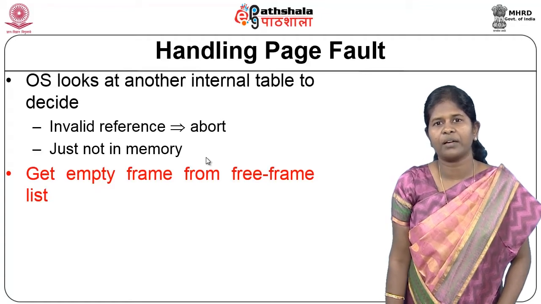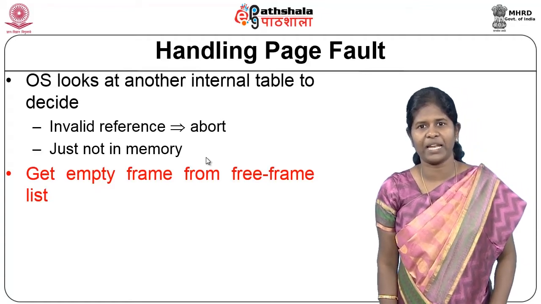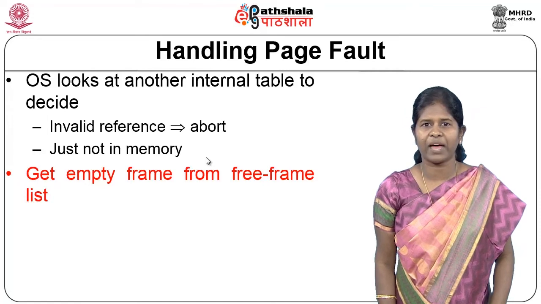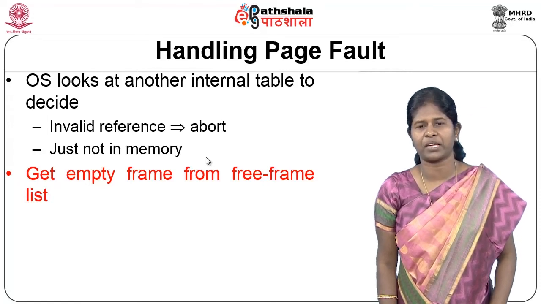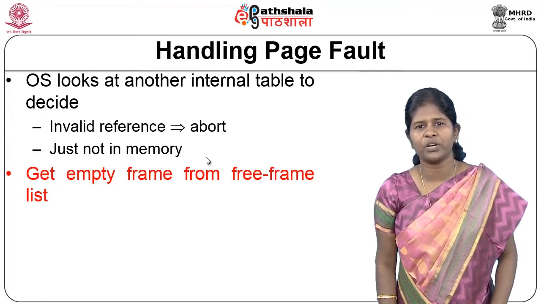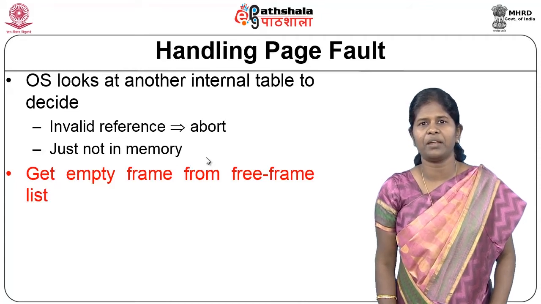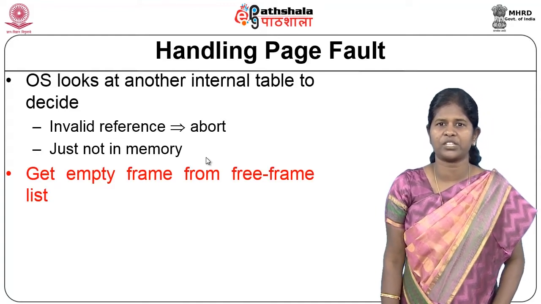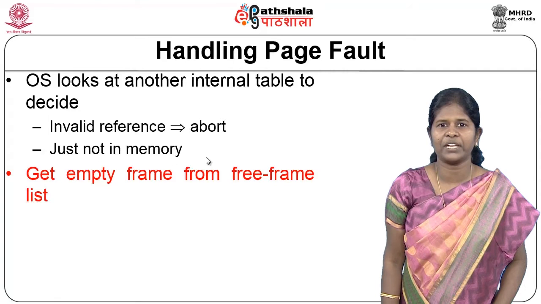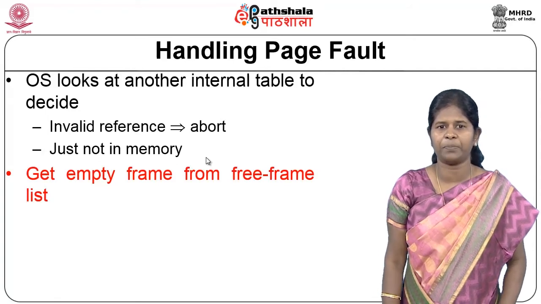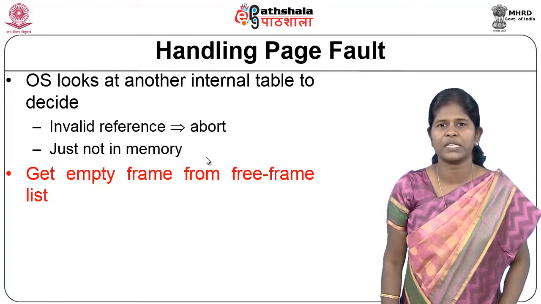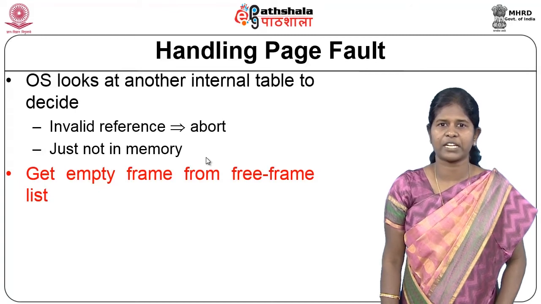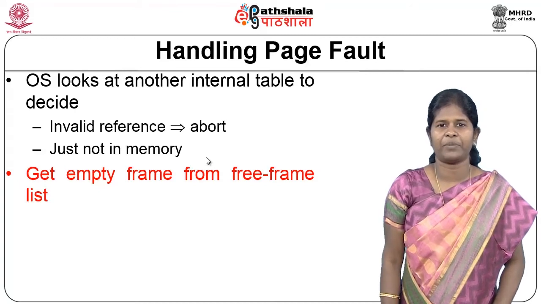Either the page itself is invalid, or it is a valid page but kept in the backing store or in the disk. So, you look into this internal table in the process control block and decide what to do. If you find that it is actually an invalid page, then the process is terminated because it is trying to access some illegal memory location.